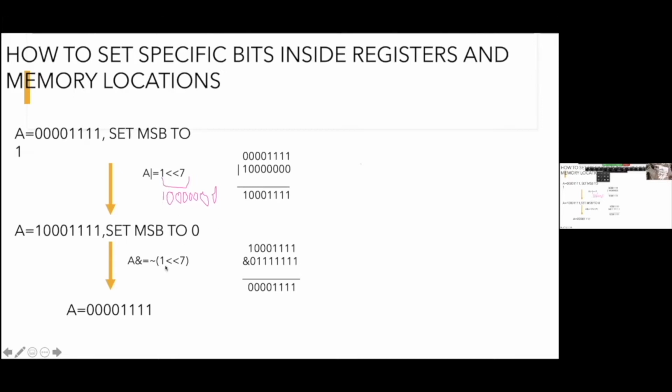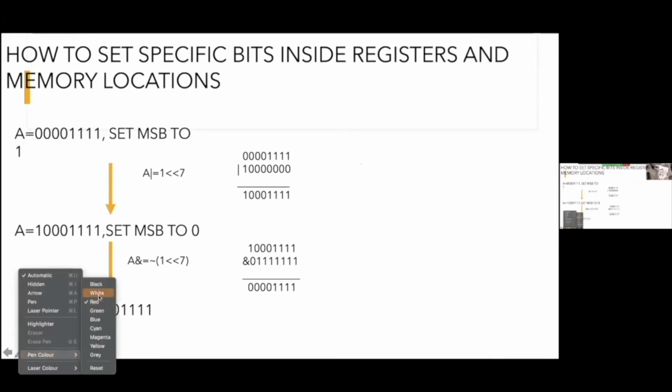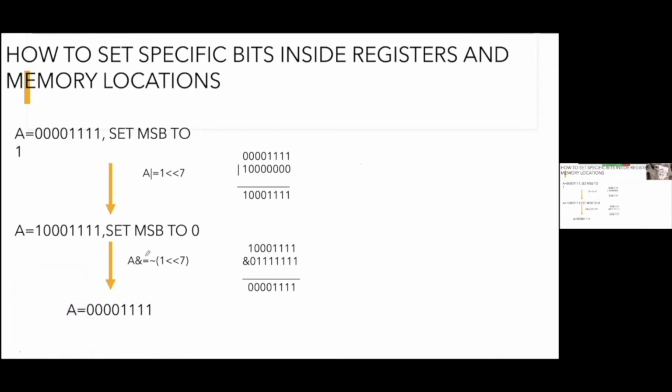Next we do the NOT of this number. First we did 1 left shift 7, so that will be 10000000.